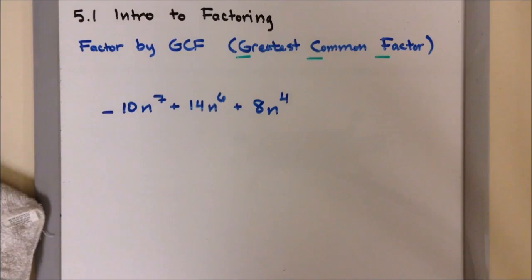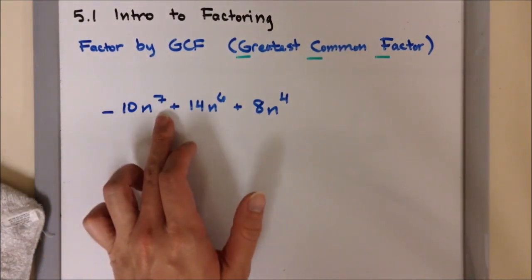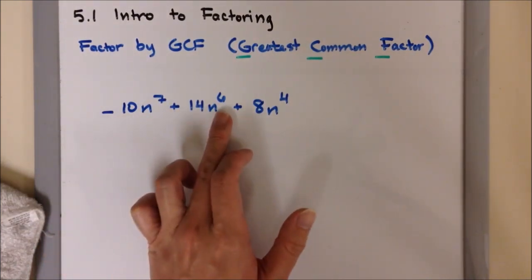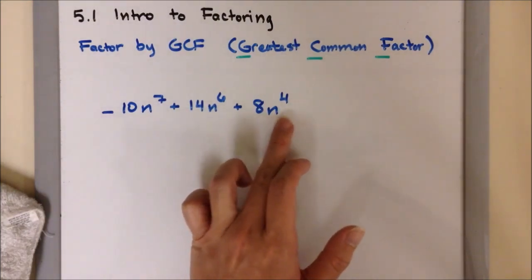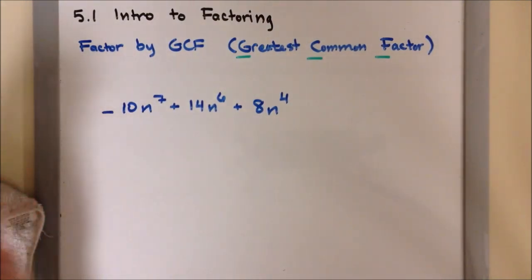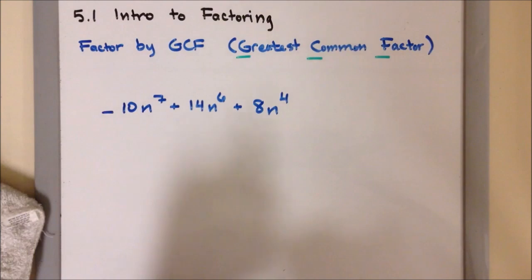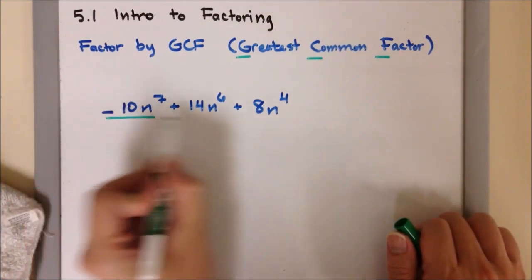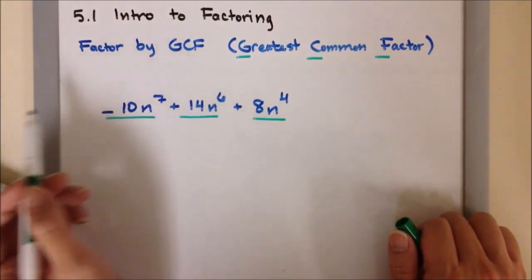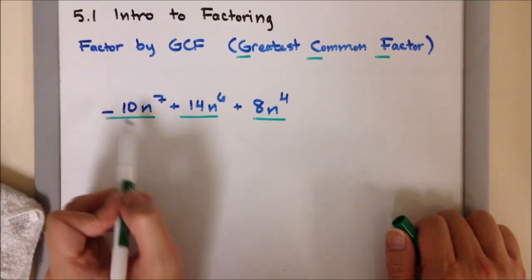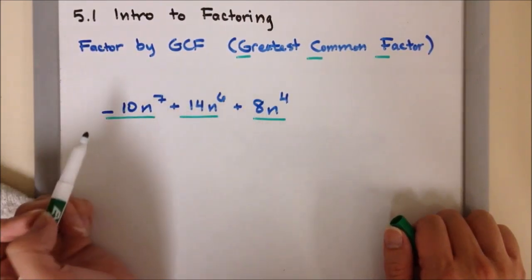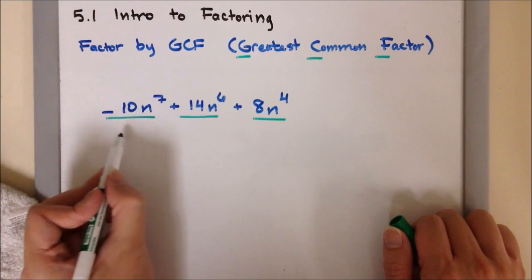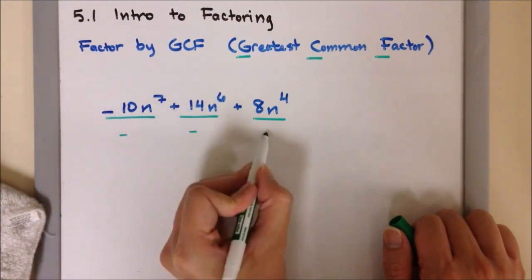In this example, we have negative 10n to the 7th power plus 14n to the 6th power plus 8n to the 4th power. Now, we're going to look at each of the three terms. I'm going to look at the numbers first: negative 10, 14, and 8. Since the first term has a negative, I'm going to divide each term by a negative.